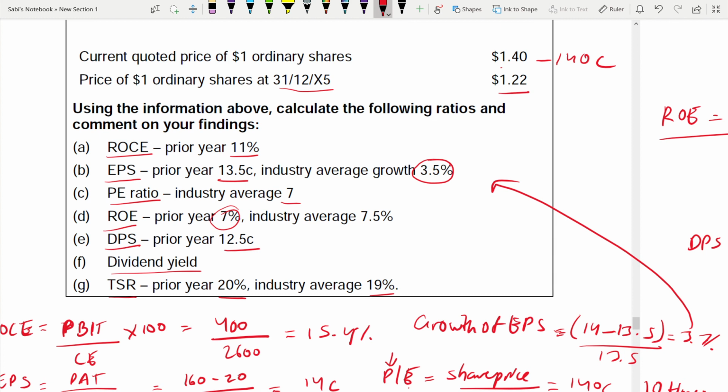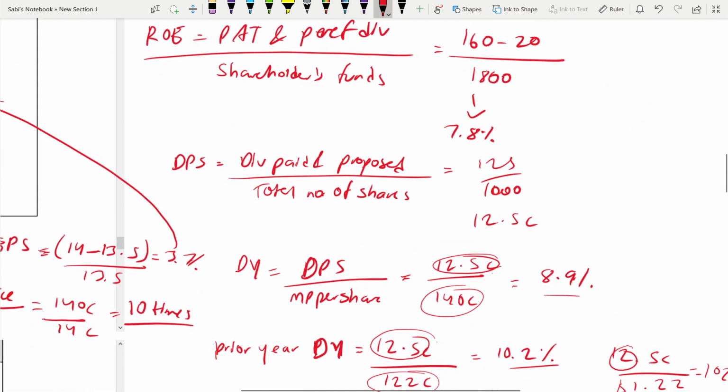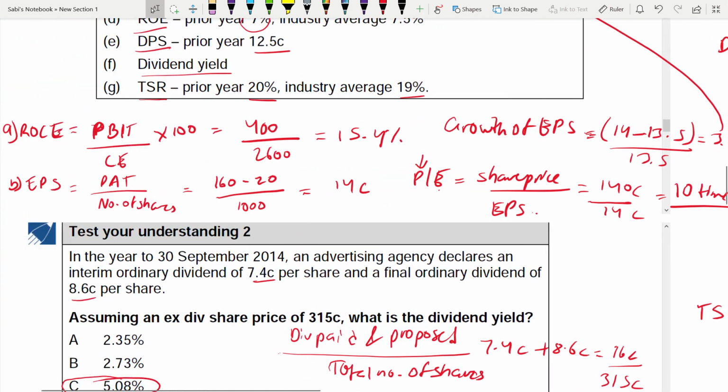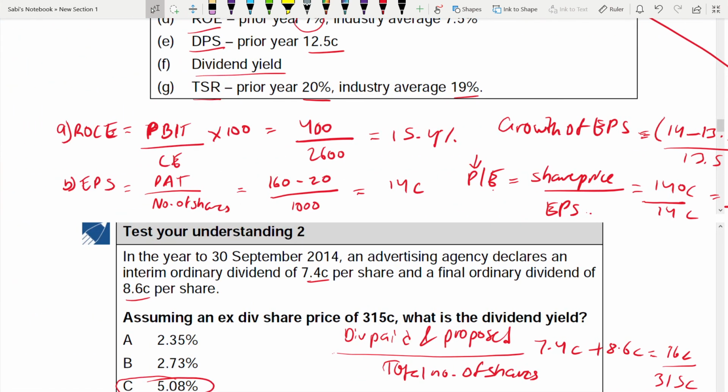Share price we saw is increasing, which supplements the dividend received. So even if your dividend is 12.5 and remains the same, your share price is increasing, so that's why there's an increase. And this increase is a sign of increased investor expectations of future income. That means investors have great expectations of future income.